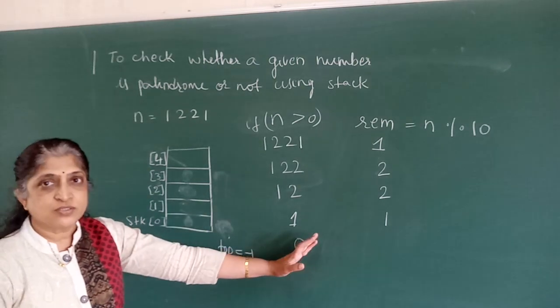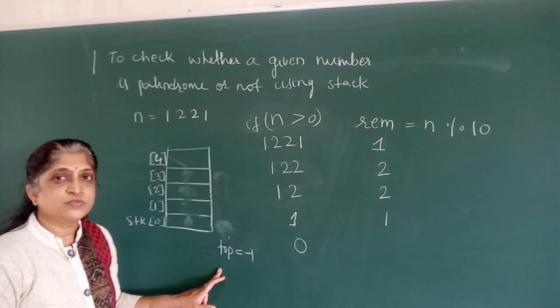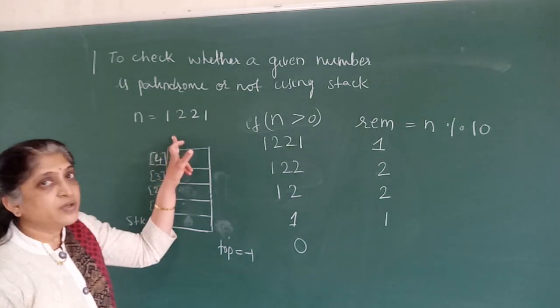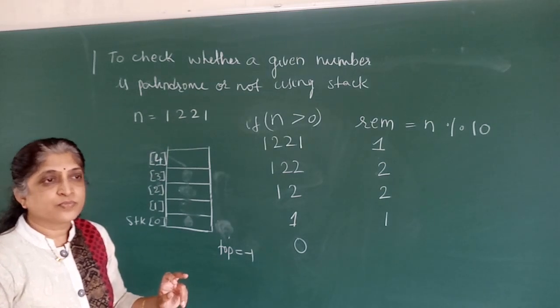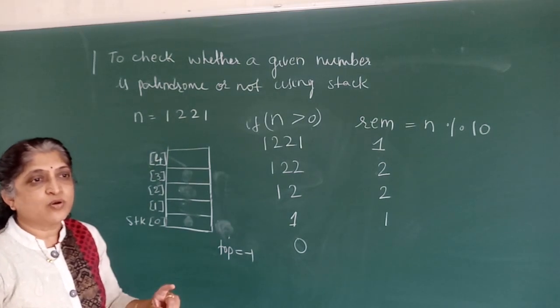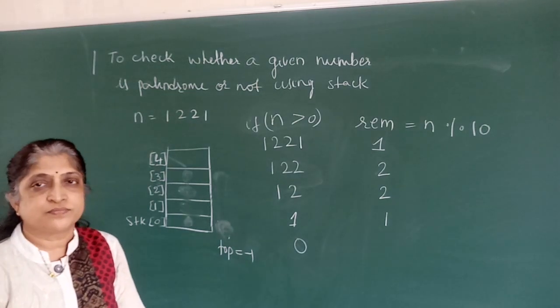All the elements matched, that means we have popped all the elements. Top is -1. So if top is -1, the number n given is a palindrome. Now let us take the example of another number which is not a palindrome and let's see how it works.